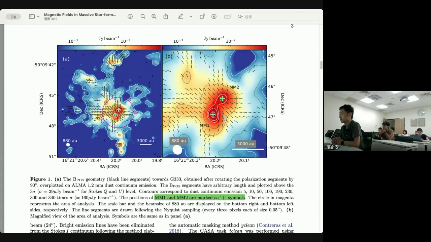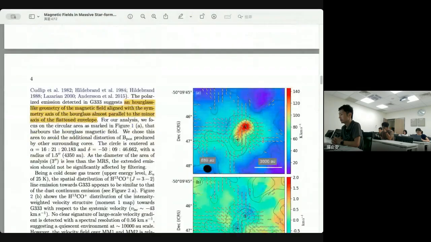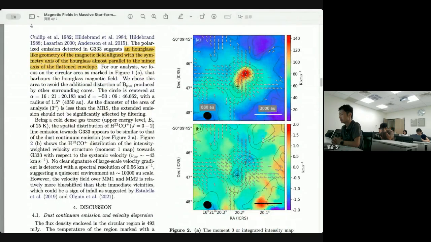And in this figure we can see an hourglass-like geometry of the magnetic field aligned with the symmetry axis of the hourglass, almost parallel to the minor axis of the flattened envelope, and it is more clear in the right panel. Yeah, so this is the magnetic field geometry here, and they also observed the H13CO+ line emission.